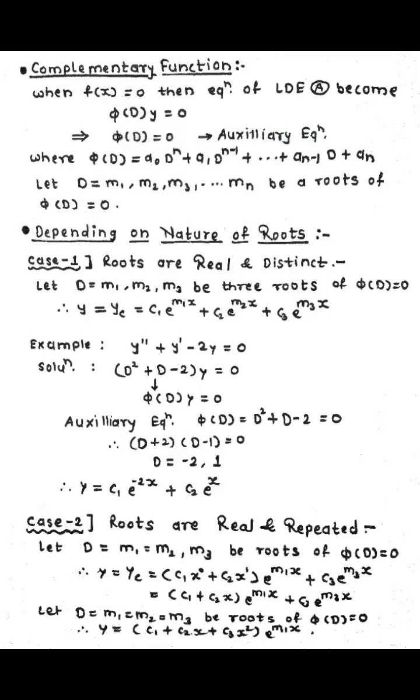Now every polynomial has roots. They may be real, or they may be imaginary, that means complex numbers. Here we consider that the roots exist, denoted by m1, m2, m3, up to mn. Students, you have to always remember that the degree of the polynomial indicates the number of roots.